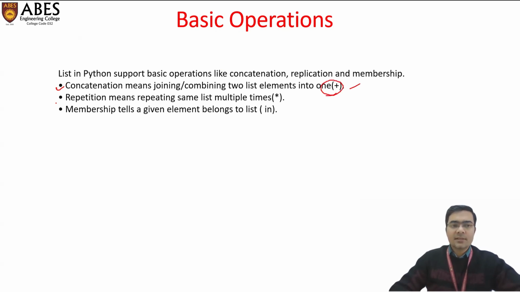In repetition, we repeat the same list multiple times with the help of the star operator. Membership tells whether a given element belongs to the list, with the help of the in operator. Similarly, we have not in. This is also a membership operator, which tells whether a given element does not belong to the given list. This will also be implemented in the implementation section, and we can understand it in a better way.